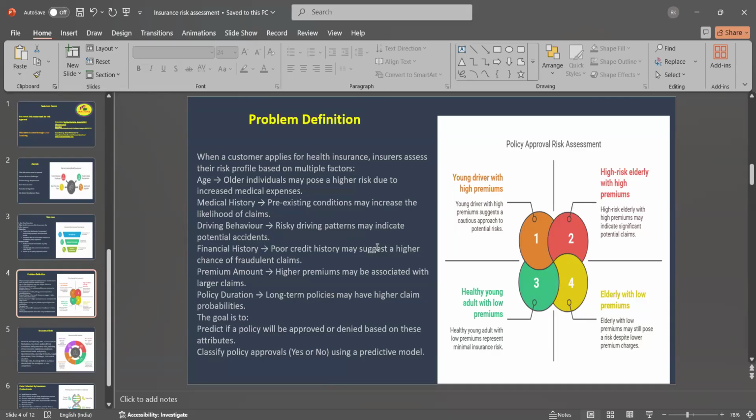The goal is to predict if a policy will be approved or denied based on these items. We decide to approve or deny the claims on the above data, classifying policy approval as yes or no using a predictive model.